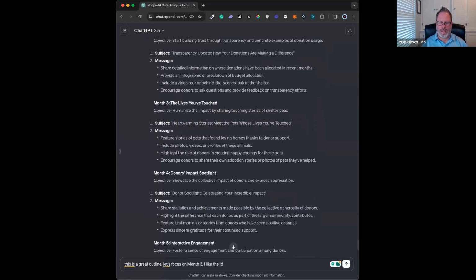I like the idea of sharing stories of pets' lives who have been touched. Draft an email from the perspective of Sparky, an Australian shepherd, may have spelled that wrong, who has been rescued from our shelter.